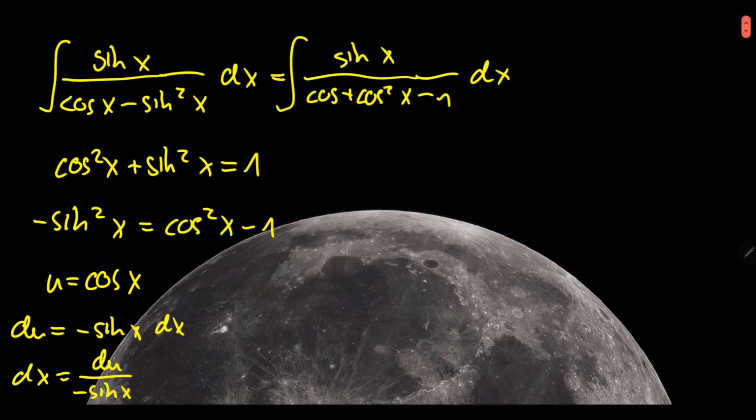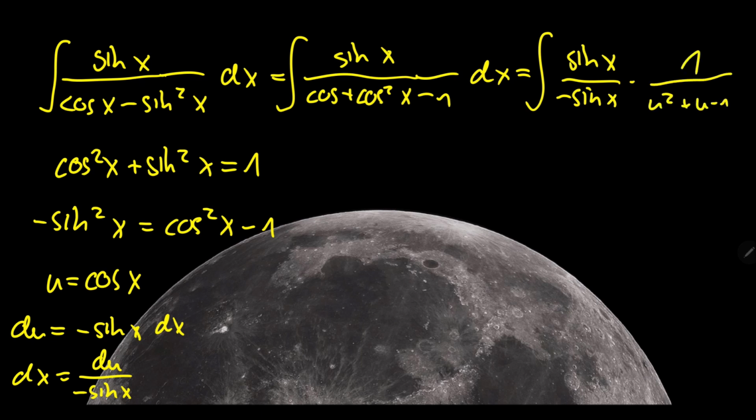And if we plug that back into our integral, we'll see that the sines cancel out. So we get sine of x over minus sine of x times 1 over u squared plus u minus 1 du. Now this is of course then the same as just minus 1 over u squared plus u minus 1 du.